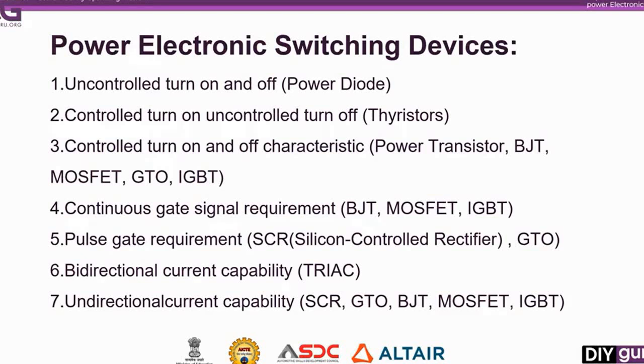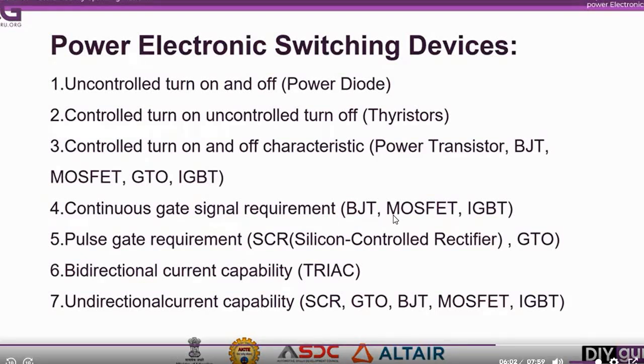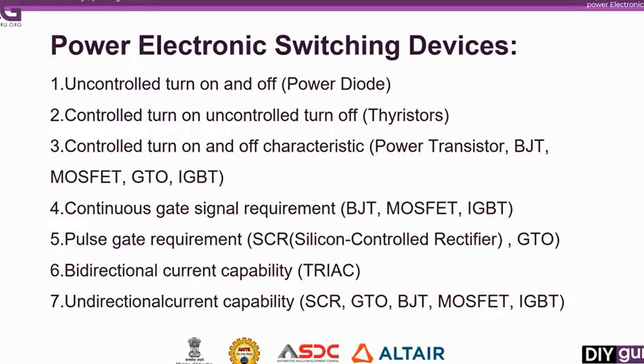And then with respect to their current capabilities, we have bidirectional current capability in triac, which is again a type of thyristor. And then we have unidirectional current capability of SCR, GTO, BJT, MOSFET, IGBTs, etc.